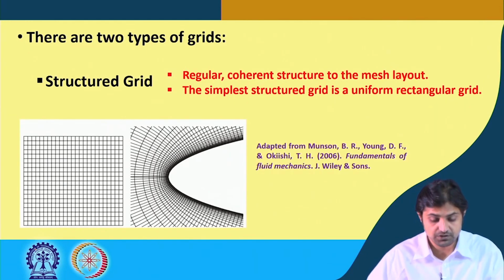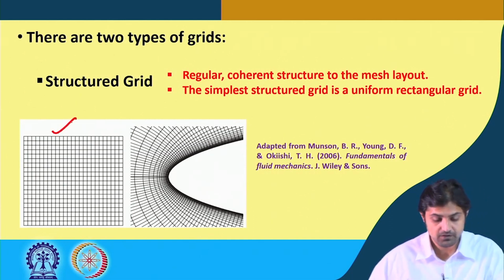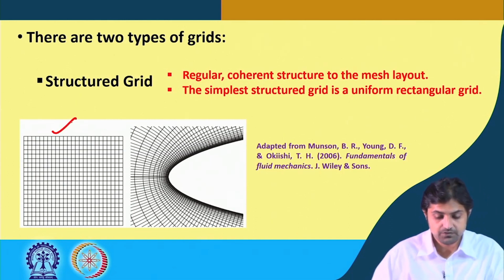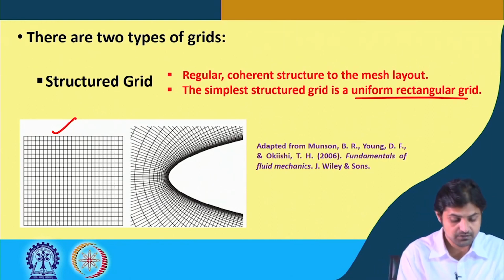So the structured grids look like this one here. All right. So you see they have a uniform rectangular grid. So all these small shapes are rectangular.